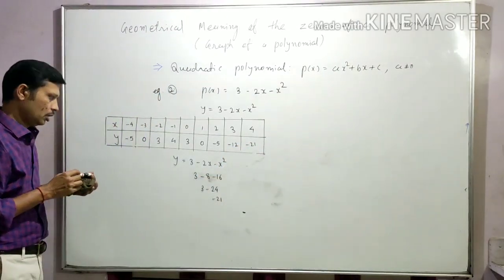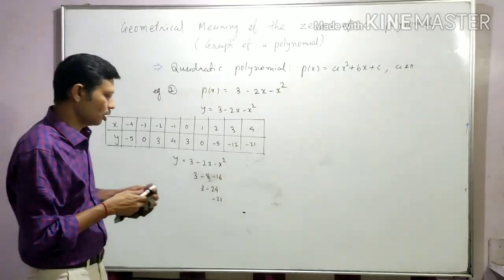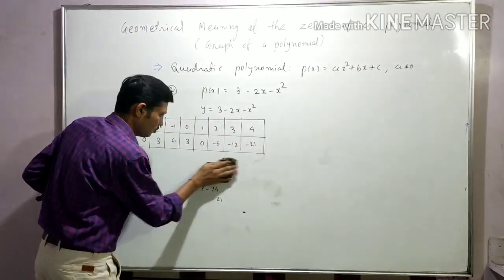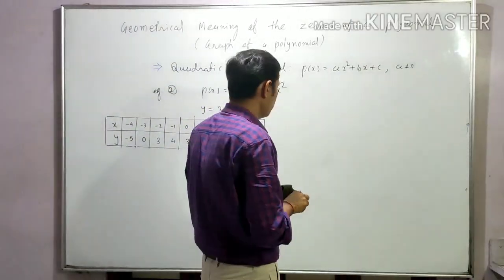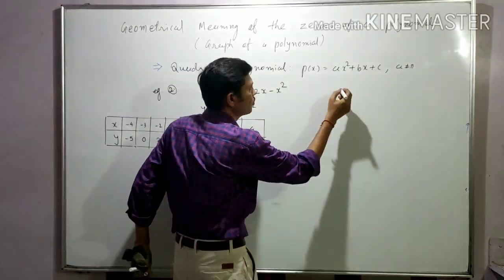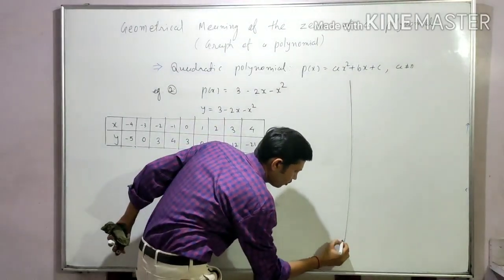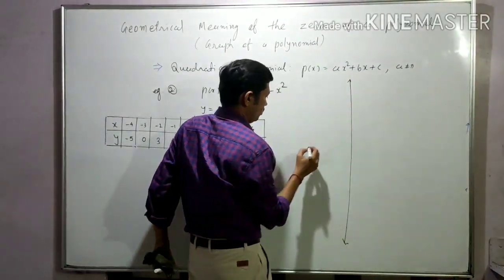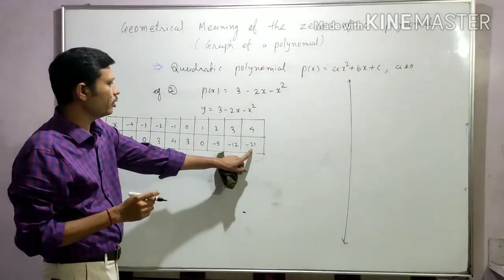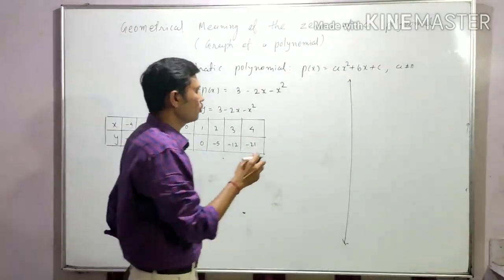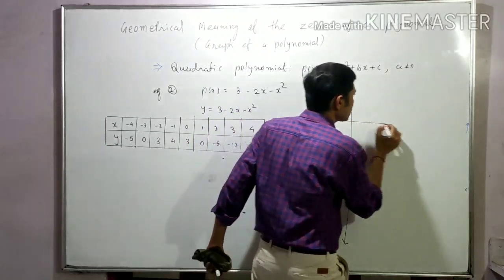Now let's plot the graph. See here, the negative y values are more compared to the positive, so we will take the positive part a little bit less.